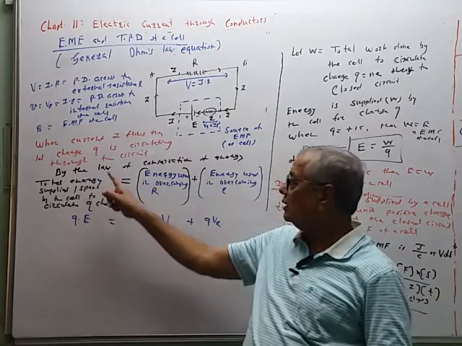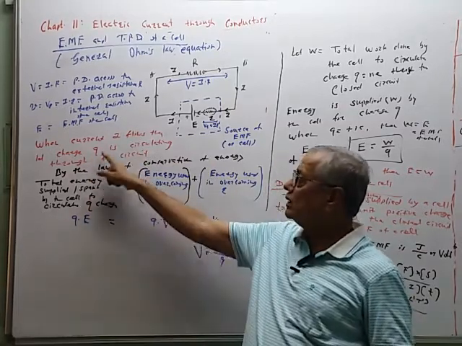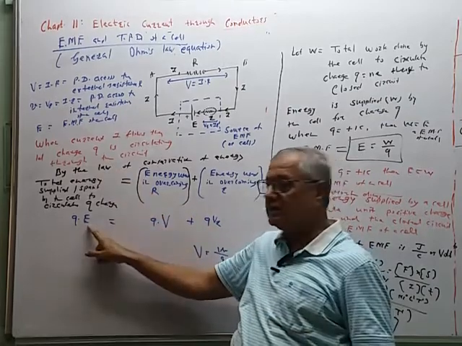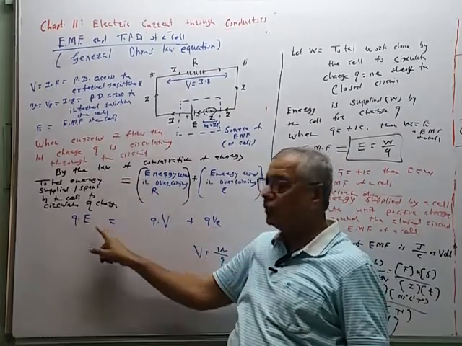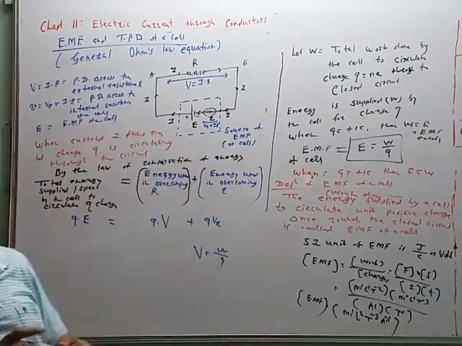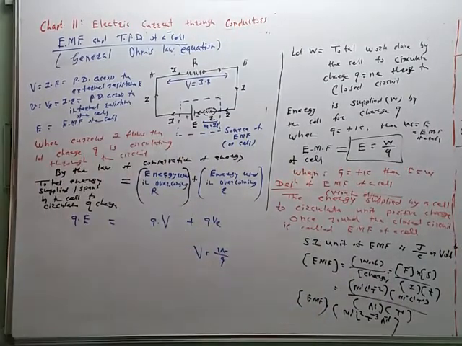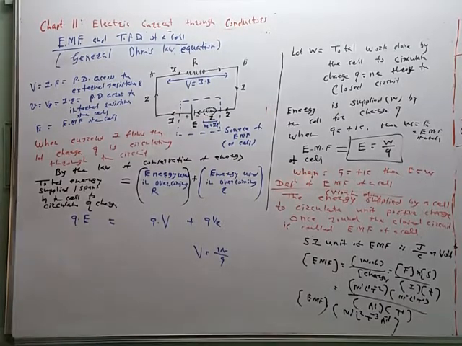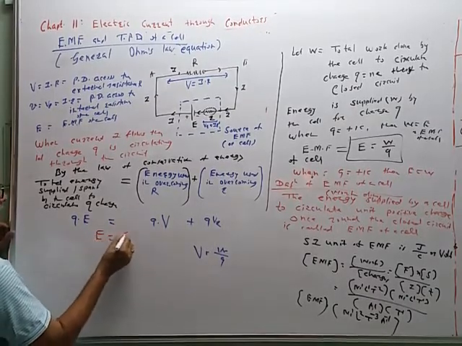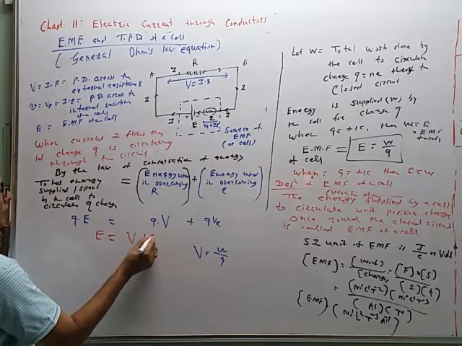But here we are considering that charge Q is circulating. So for 1 coulomb, EMF energy is required. For Q coulomb, Q into E energy is required. So Q will get cancelled, and therefore the relation between these different terms is like this: cancelling Q, EMF E is equal to V plus VR.